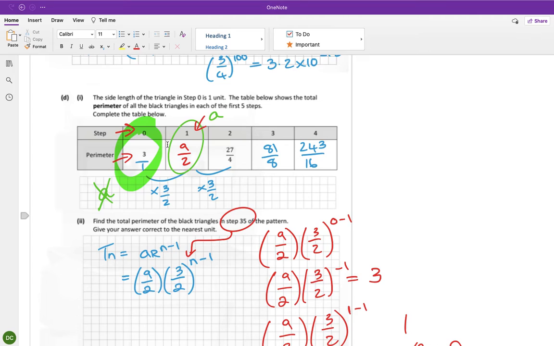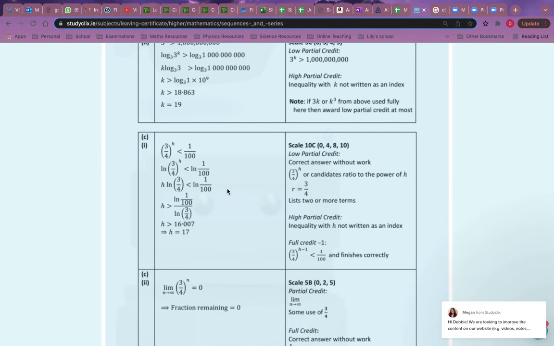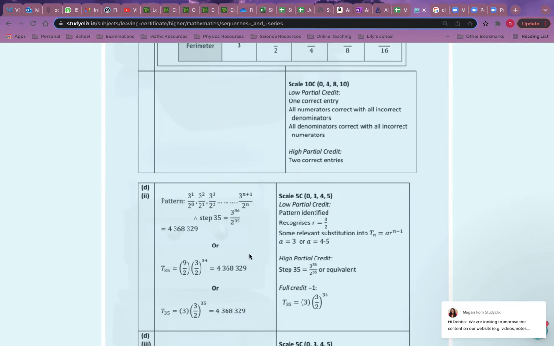Okay, I'm getting this number. 4368328.818. So 4368329 units is the length of the perimeter. All right. 4368329. Cool.